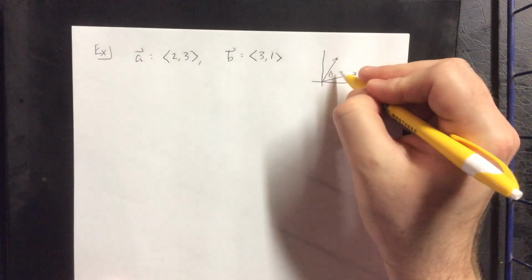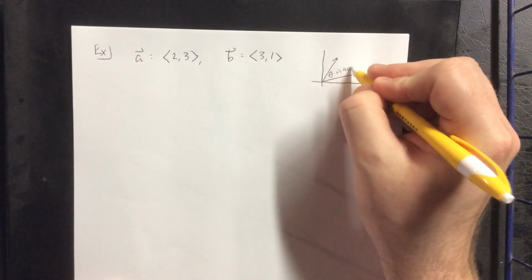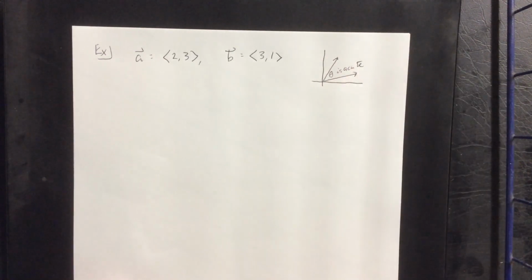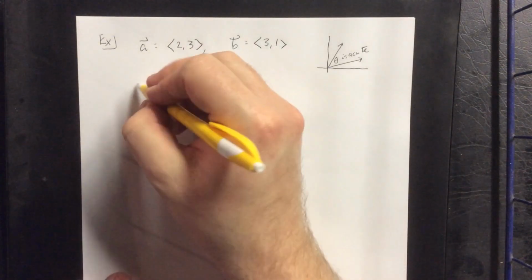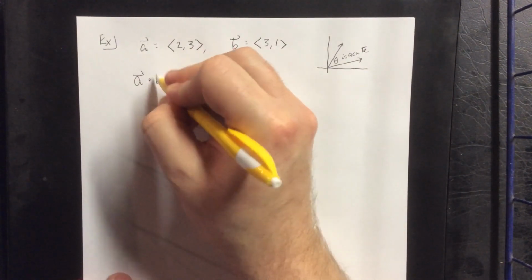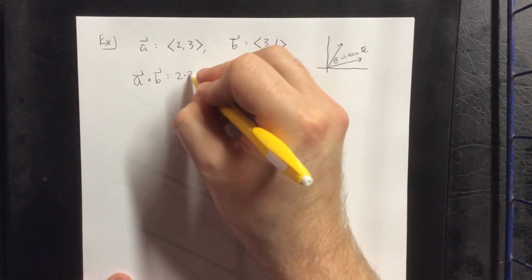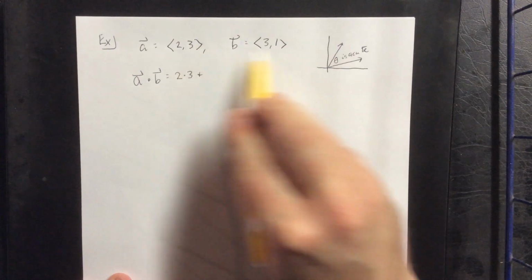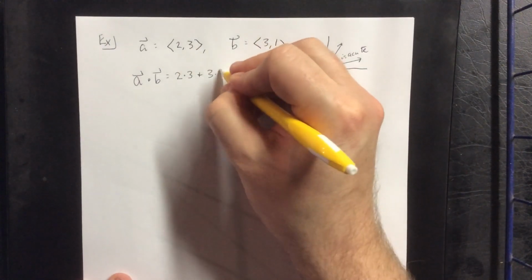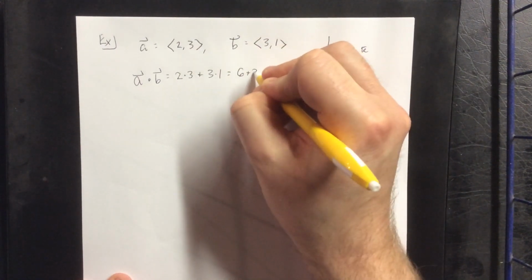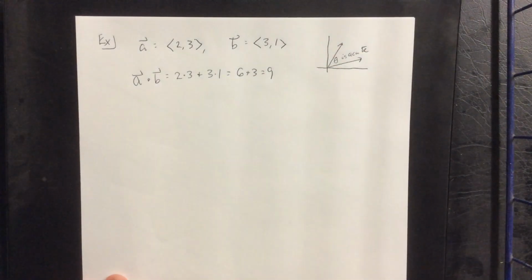That is to say, the angle in between them is going to be acute. So the dot product of these two vectors, A dot B, is equal to 2 times 3 plus 3 times 1. And indeed, the result that we get is positive.